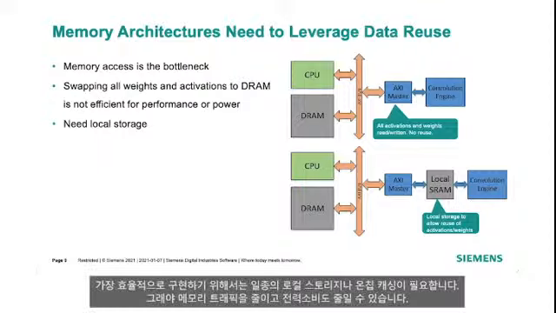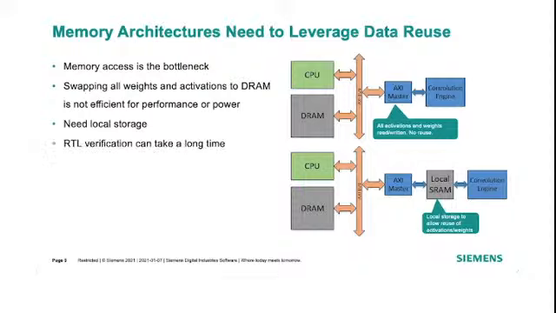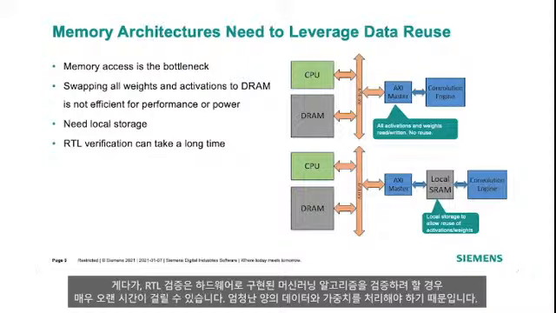Most efficient implementations will need some type of local storage or on-chip caching in order to reduce memory traffic as well as reduce power. Furthermore, RTL verification can take a very long time when trying to verify machine learning algorithms implemented in hardware because of the massive amount of data and weights that need to be processed.